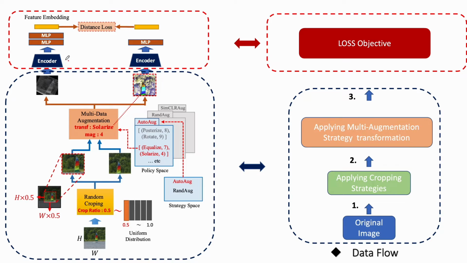Here we have two encoders, which can be the same or different neural net architectures, and then the output of these neural nets continues processing through the multi-layer perceptron layer, and at the end we maximize the similarity of the output latent representations. I will describe this in detail in the next slide.